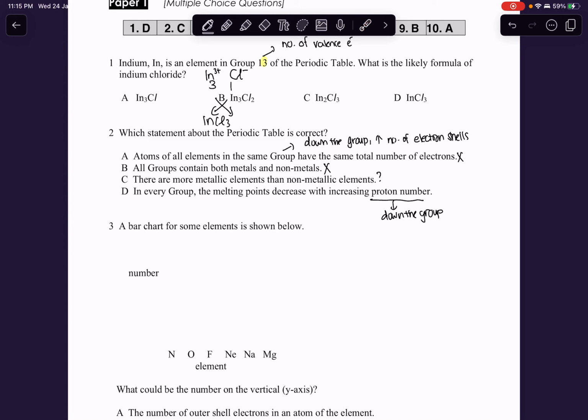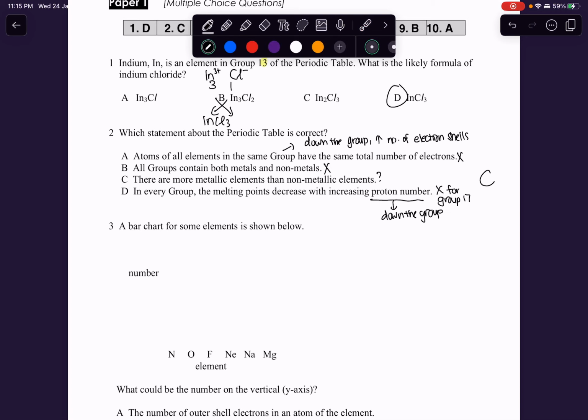For group 17, your halogens, the melting point actually increases down the group. Since it's not true for one group, this is already false, because they say every group. So the answer is C.